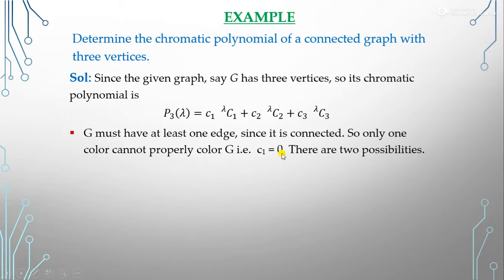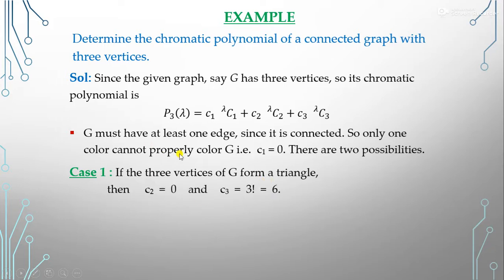After that we have two possibilities here. What are these? They depend on which type of graph the vertices form. The first case is, suppose our three vertices form a triangle. We only know that we have three vertices, we don't know which type of graph we have. Then you know that in a triangle we need at least how many colors?